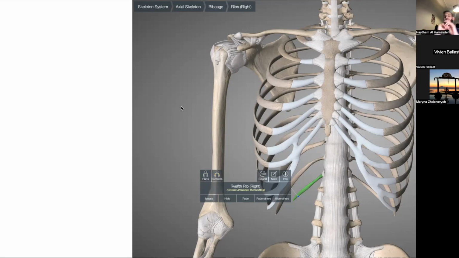Now, what do those surfaces articulate with? The superior one of the head of the rib articulates with the vertebra above.